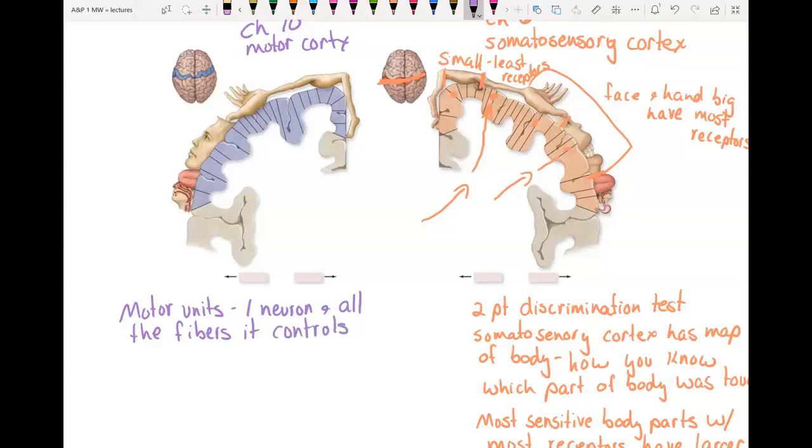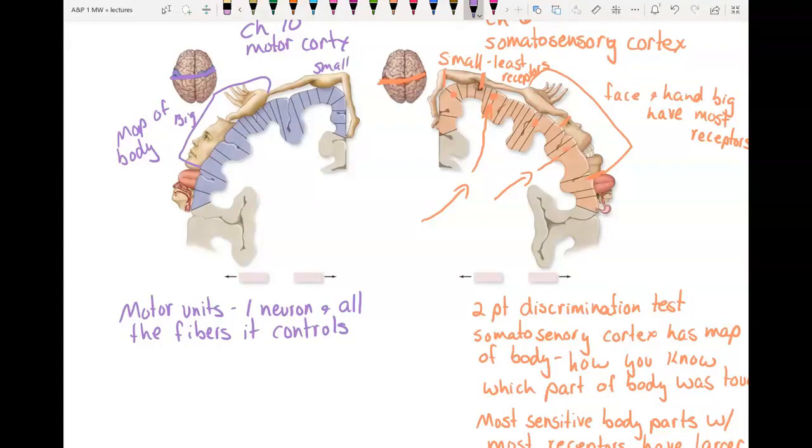So notice first of all that we again have a map of the body. So the motor cortex right here in your brain has a map of your body. And again, you have these distorted sizes. The hand and the face are big, and the rest of your body is small compared to them.